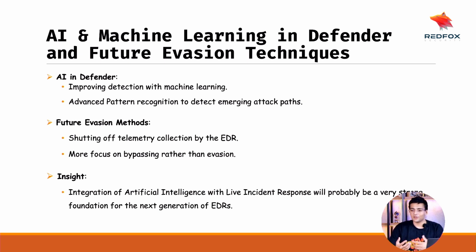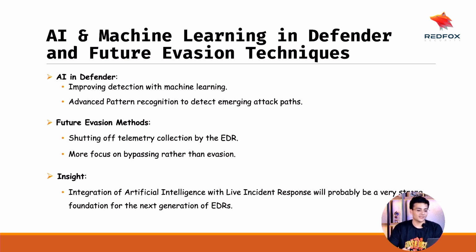It's picking up on patterns so fast that it's difficult to keep up with the cat and mouse game, because earlier it was the red team against the blue team. Now it's the red team against the blue team and AI. Correct. We are still looking for ways to employ AI within our red team, so I think it's fair.